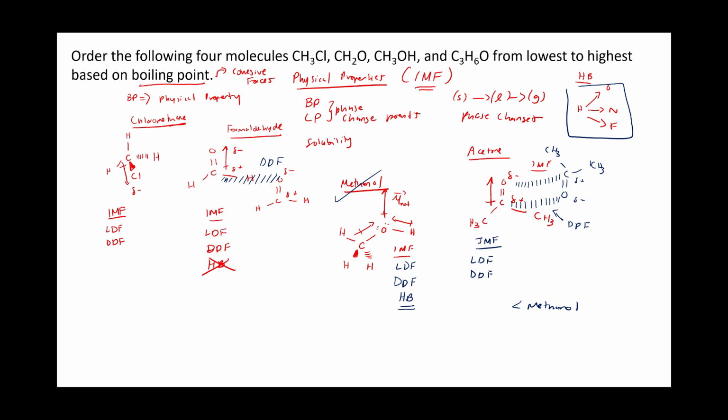The strength of a dipole-dipole force is associated with the magnitude of the electronegativity difference that creates the dipole, right? So essentially we're looking at the magnitude of the dipole moment, right? So the larger the electronegativity difference, it usually means there's a larger net dipole moment, which usually means there are higher dipole-dipole forces, okay?